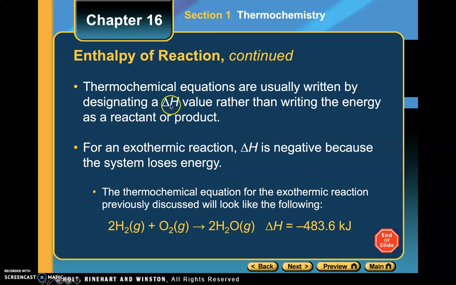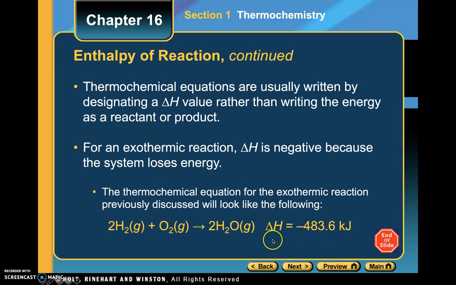Usually it's written by a delta H value rather than writing the energy as a reactant or a product. Yeah, this is much more common down here. For an exothermic reaction, it's going to be negative because the system is losing that energy. And for endothermic, it's going to have a positive number over here. It's really much more common to see the equation written on the side and then the change in enthalpy off to the side as a delta H value.